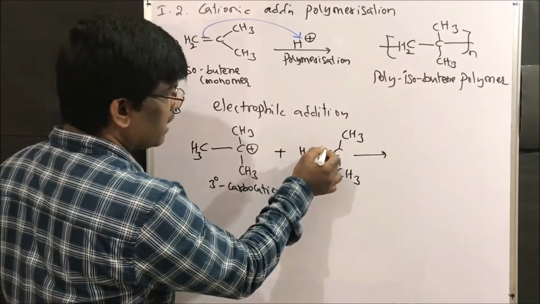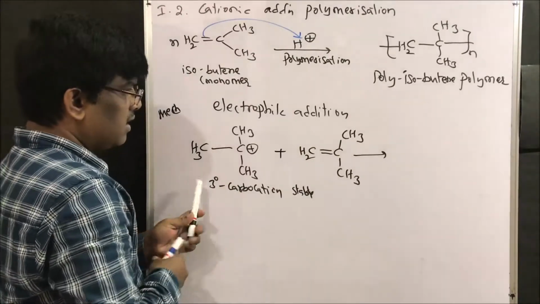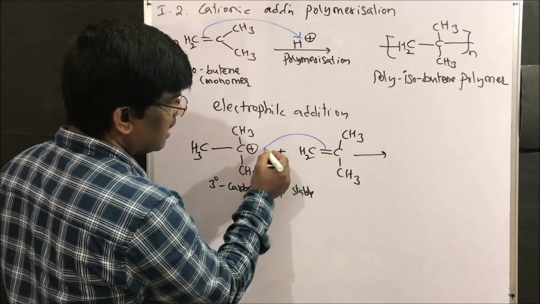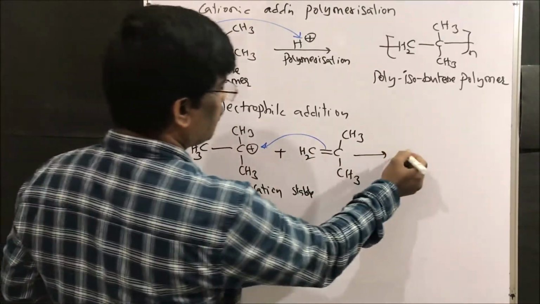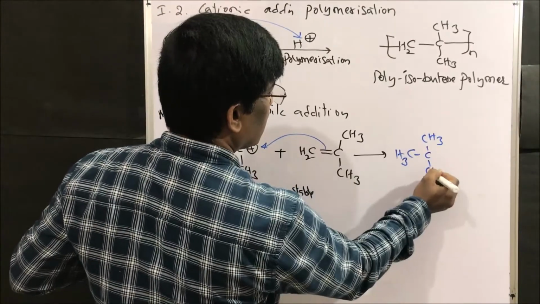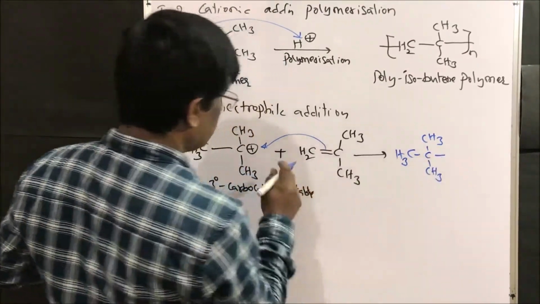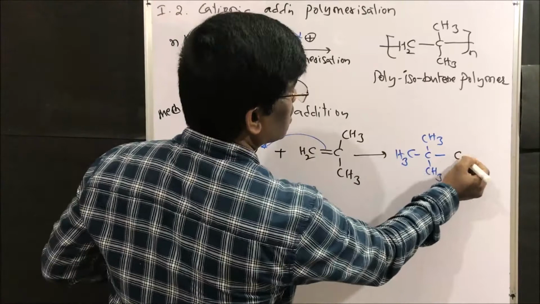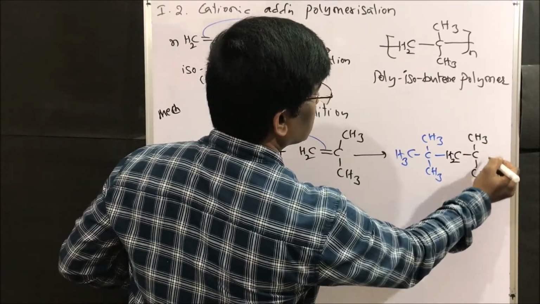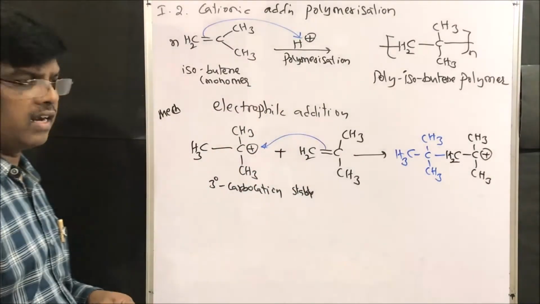Now how? This time also, is it going to form on this side or this side? Yes, this side. This carbon is going to form with CH3 and CH3, right? So this is the carbon CH2, CH3 and CH3. This is a carbocation, right?